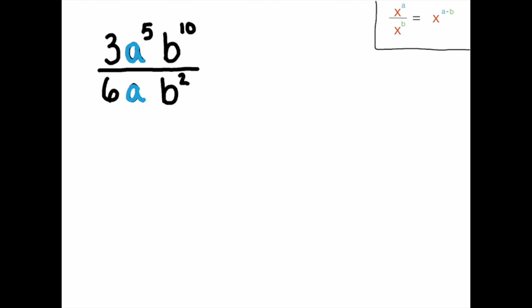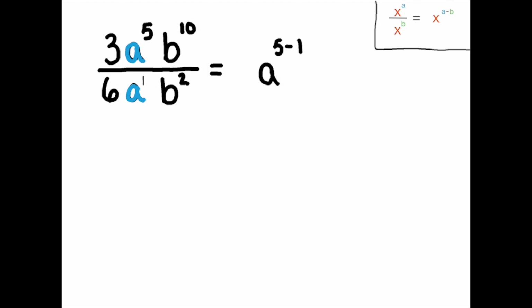Now, this a on the bottom doesn't have an exponent, or does it? It does. And its exponent is really just a to the 1st. And that means in my final answer, I'm going to have a to the 5 minus 1.